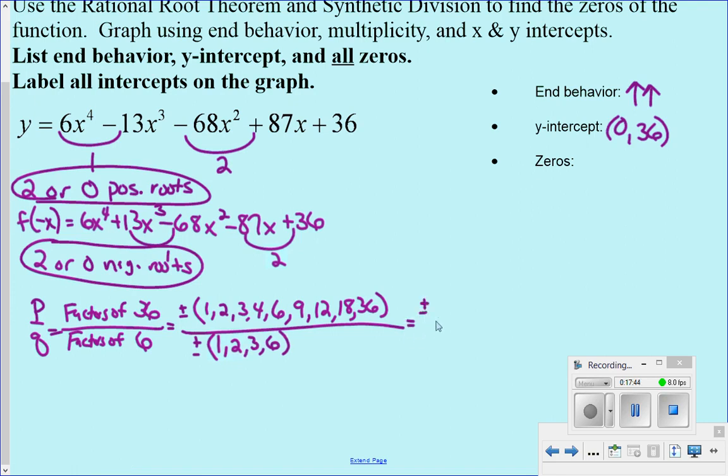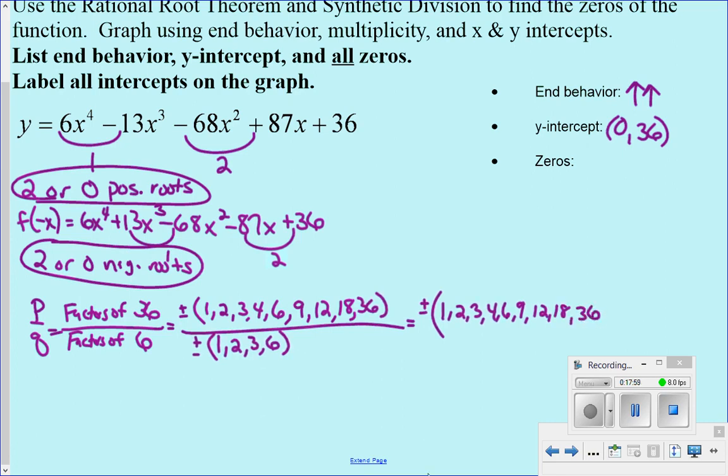That gives us plus or minus all of those on the original list in the numerator, 1, 2, 3, 4, 6, 9, 12, 18, and 36, because those are all over 1.